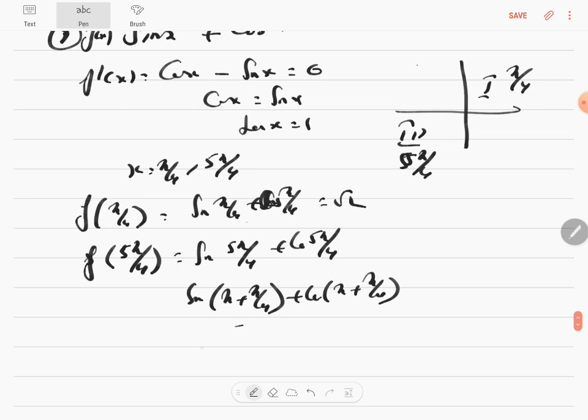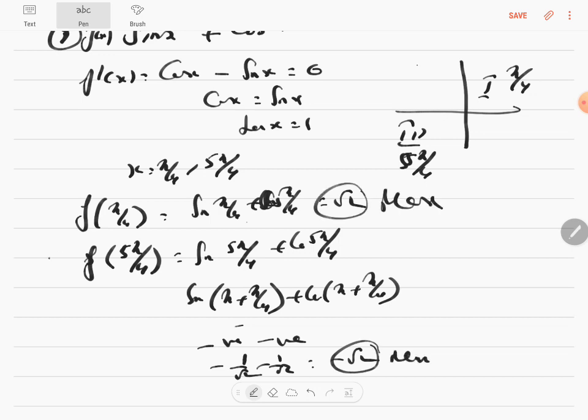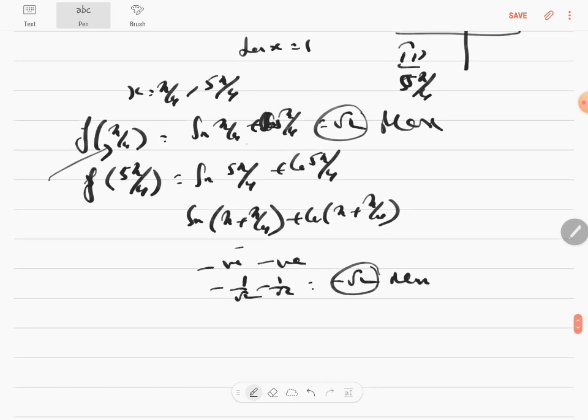Sin in the third quadrant is negative. Cos in the third quadrant is also negative. So you get minus 1 by root 2 minus 1 by root 2, which is minus root 2, which is going to be your minimum. The root 2 is going to be your maxima, and they happen at a local maximum point and local minimum point of x equal to pi by 4 and 5 pi by 4.